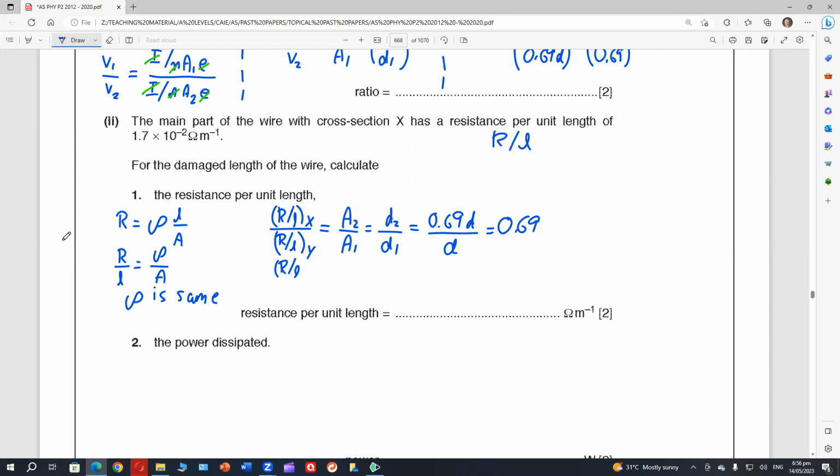What is R upon L? We have been given this value, 1.7.